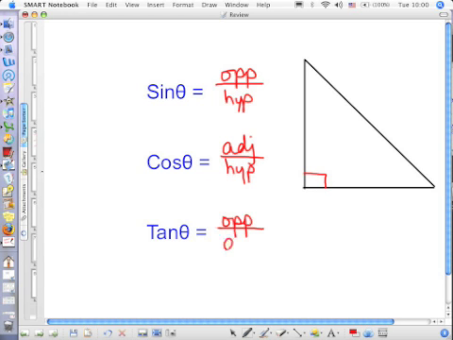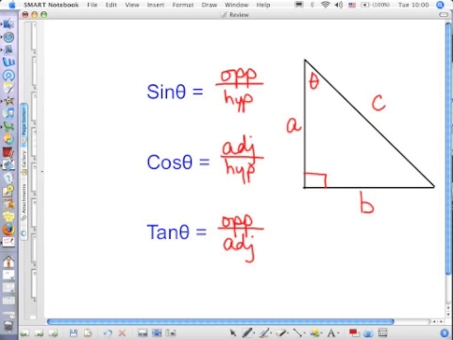Opposite over adjacent. Now, the hypotenuse is always the hypotenuse. If the angle I have identified right now is my theta, which side is opposite?